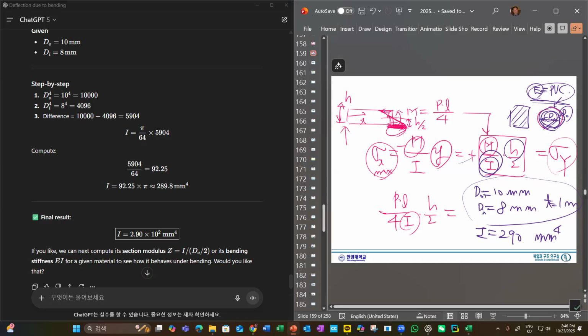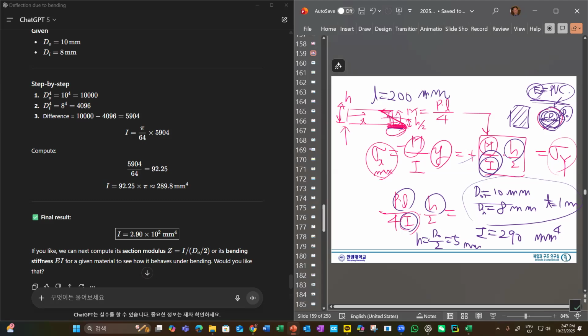H will be at the bottom, meaning D0 divided by 2, which will be 5 millimeter. So we know I, we know H, and now L. How much will L be? Well, I would say 200 millimeter.